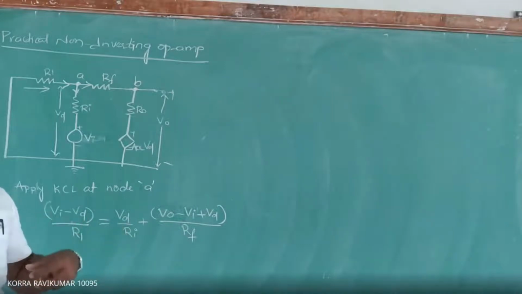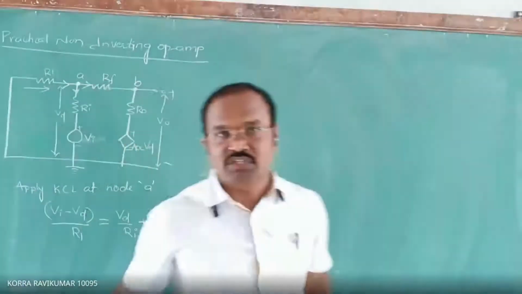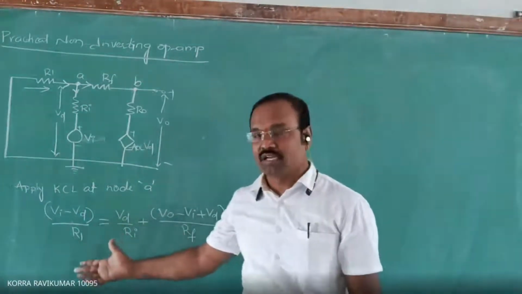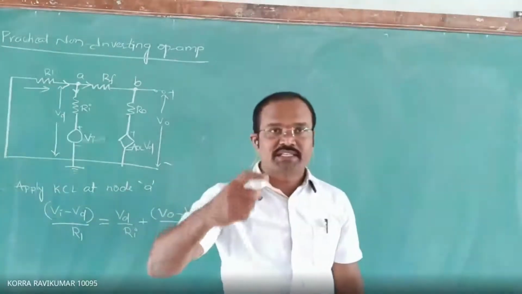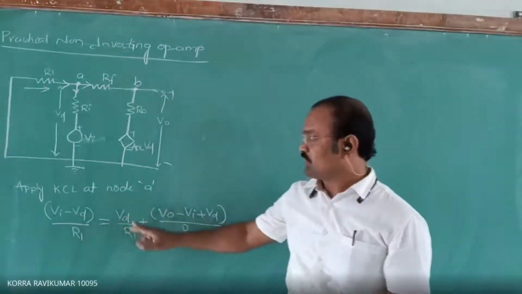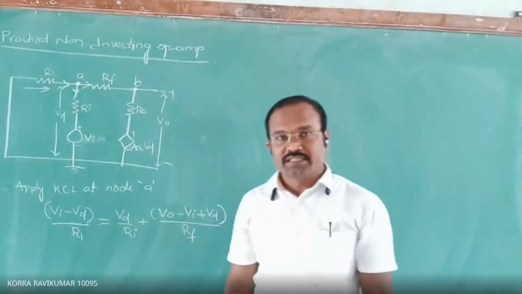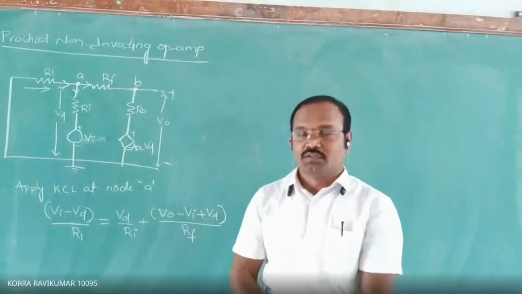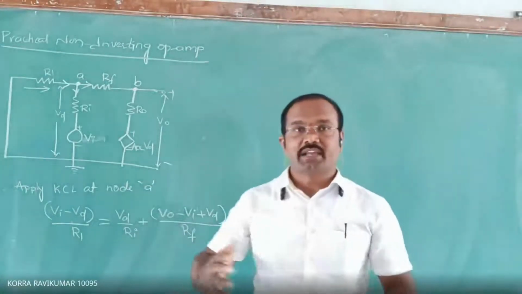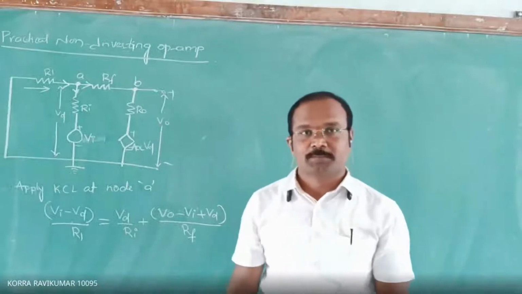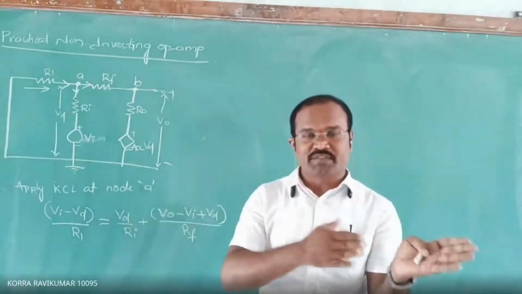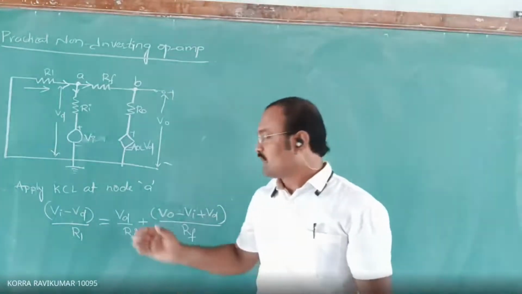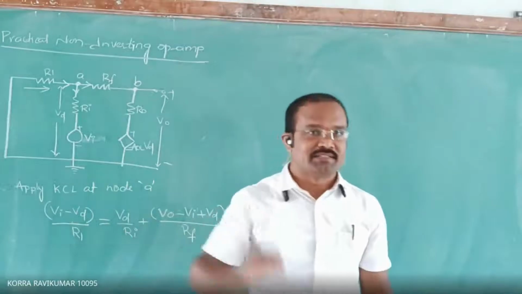The equation is in the form of voltage by resistance, with resistance values R1, Ri, and Rf in the denominators. So for our convenience, let us convert this equation in the form of admittance, converting the resistances into admittances.